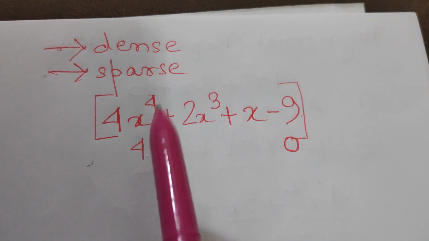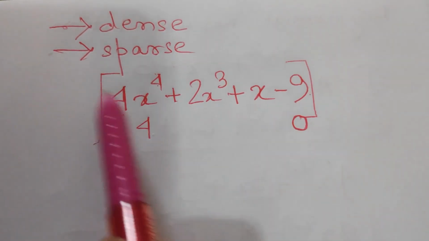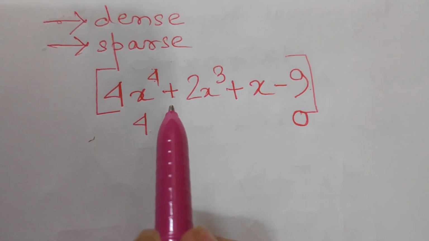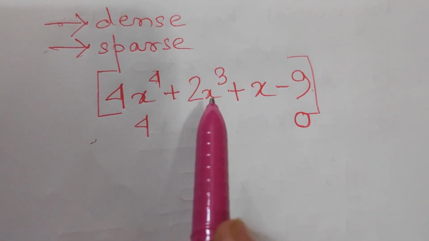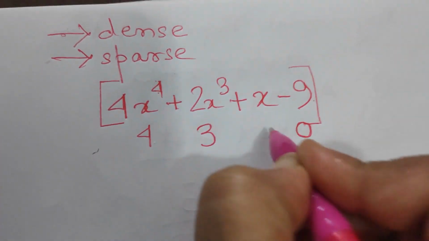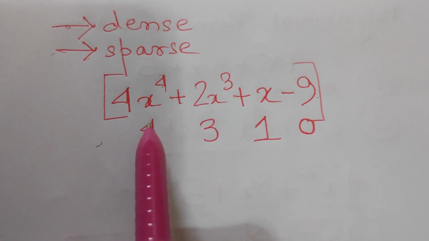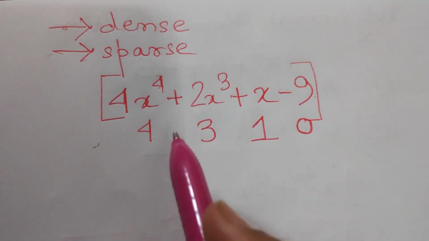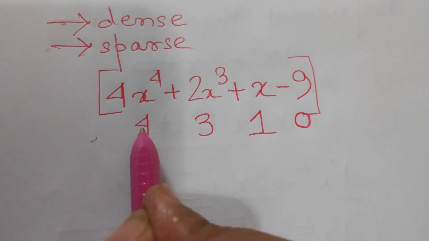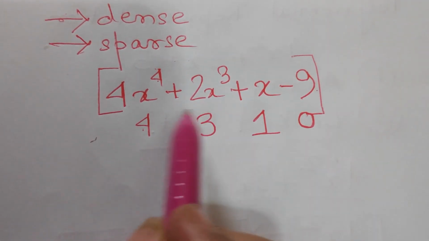So, if we look at the polynomial, inside this polynomial we have got terms which have exponent 3, which have exponent 1. So, most of the exponents starting from 4 have been covered in this polynomial.